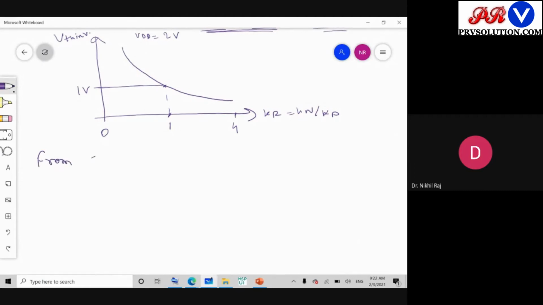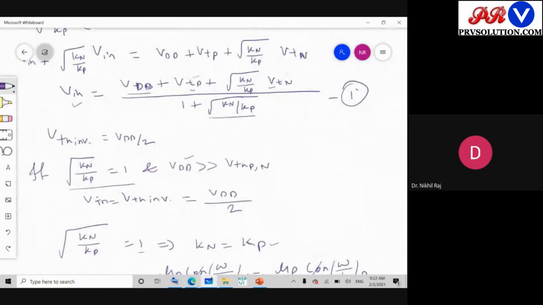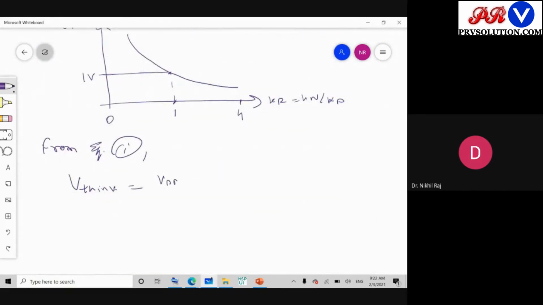From equation 1, we have VTH of INV equals VDD plus VTP plus square root of KR into VTN, divided by 1 plus square root of KR.